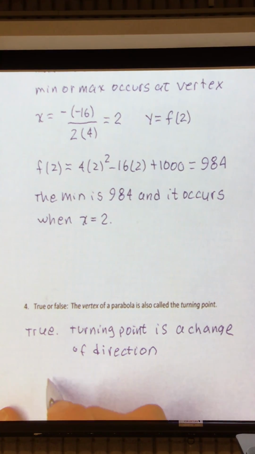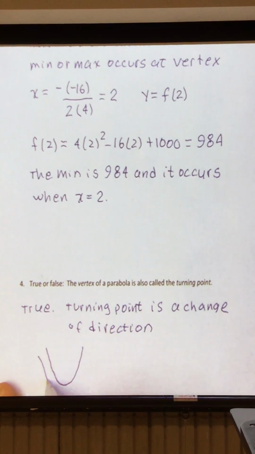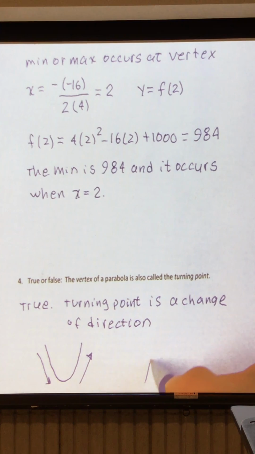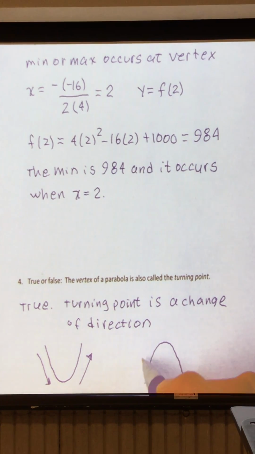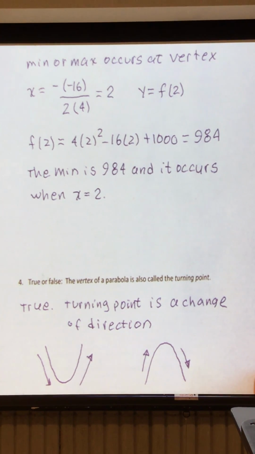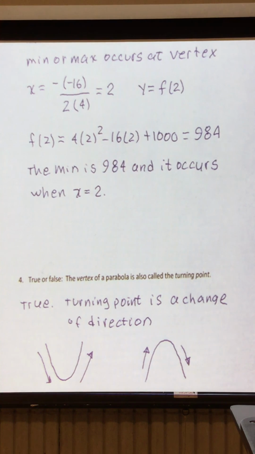And a change of direction occurs if the parabola opens up in this shape, moving from decreasing to increasing. And if the parabola opens in this fashion, then that is a change of direction moving from increase to decrease. And that concludes section 3.1 exercises.